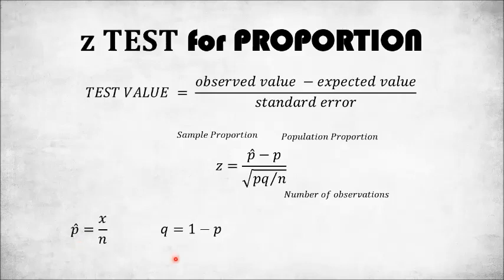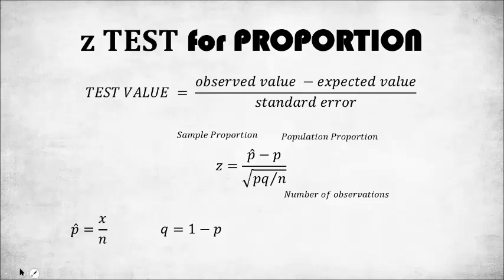And then ang Q natin, so ito yung failure. And to get Q, kung given ang P sa problem, isusubtract lang from 1 and that will be the value of Q. Usually naman, ito ay naka-fraction or decimal. Since ang pinag-uusapan natin dyan ay proportion, it is also called percentage of the population. Okay? So please take note on the following formulas.